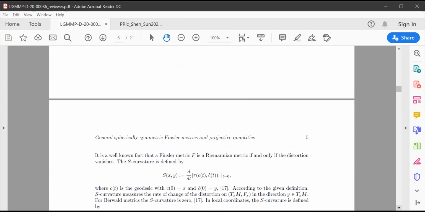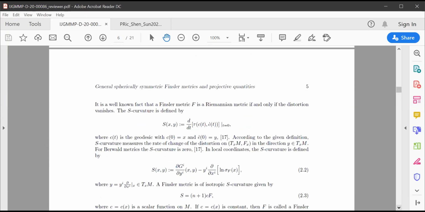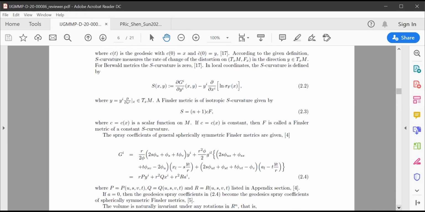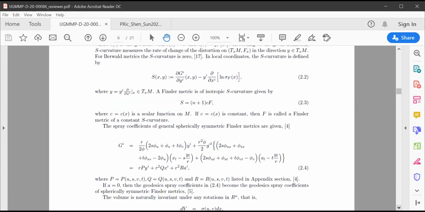Okay, Busemann-Hausdorff measure. So that's just the definition of the S curvature. And what it means for S curvature to be isotropic. Now, all right, for general spherical symmetric metrics, the spray coefficient can be written in this form. That's okay, I'm pretty sure. Listed in the appendix of paper 4.